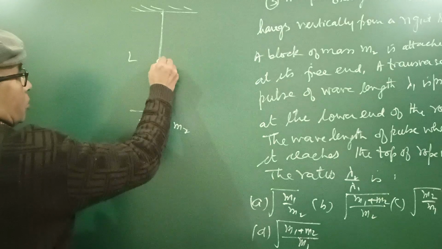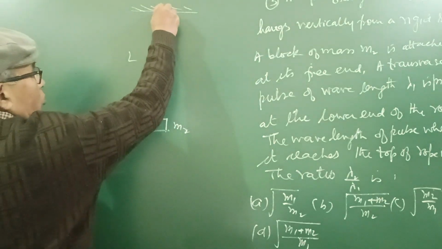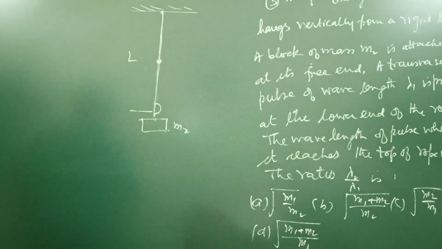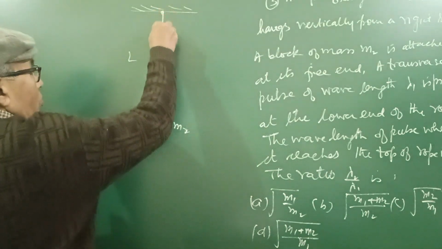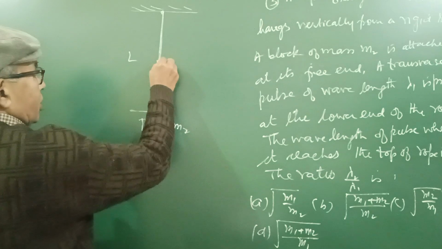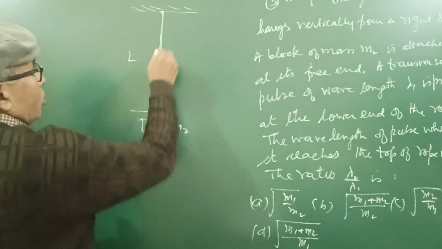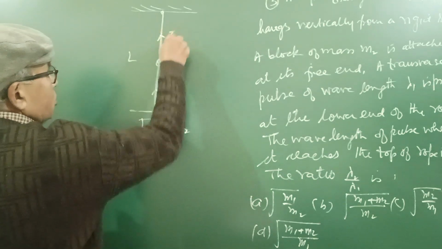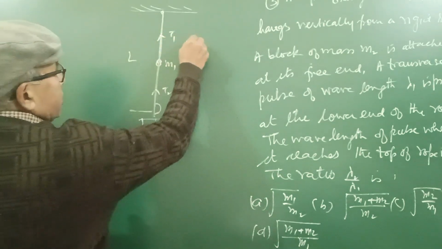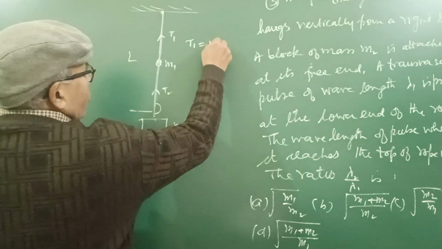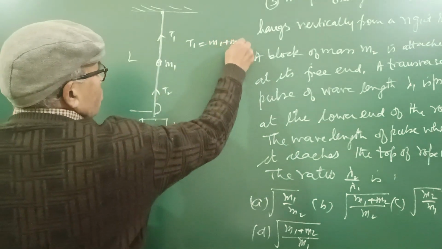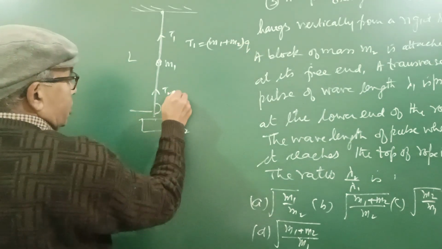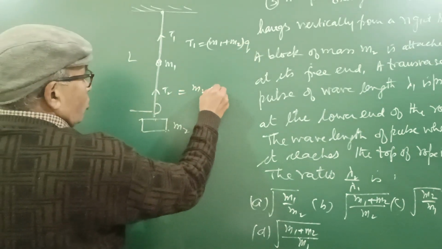Actually, if the rope is uniform, so mass will be acting at the center, mass m1 here. So here tension, suppose it is T1 here, it is T2. Here T1 will be m1 plus m2 into g. And here T2 is equal to m2g, suppose like this.